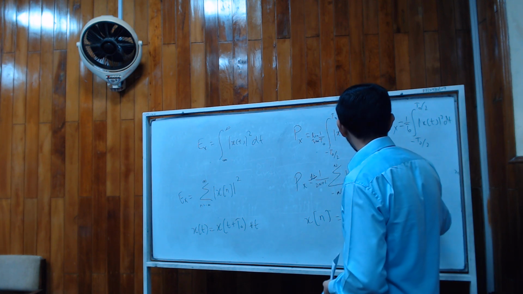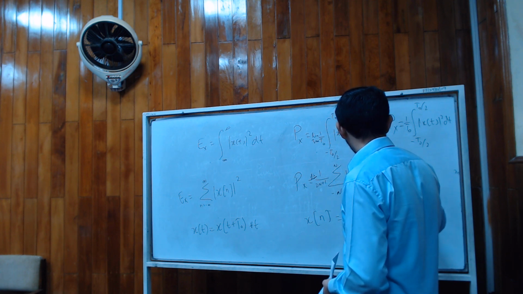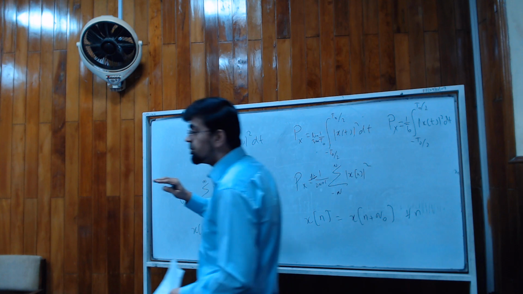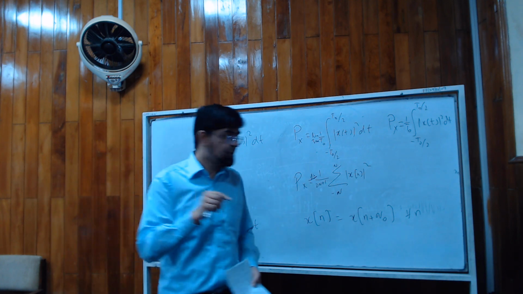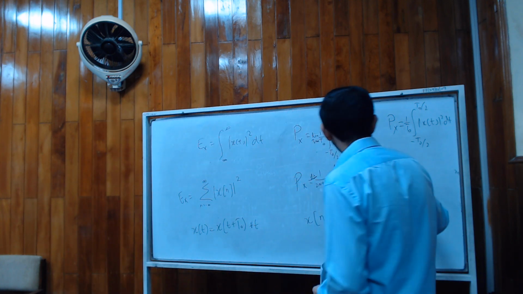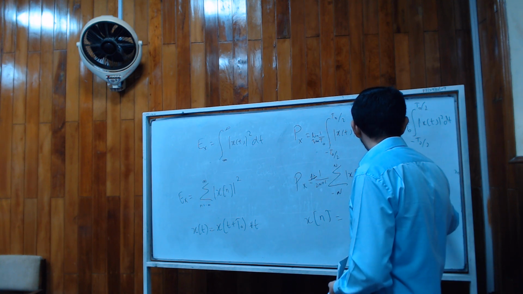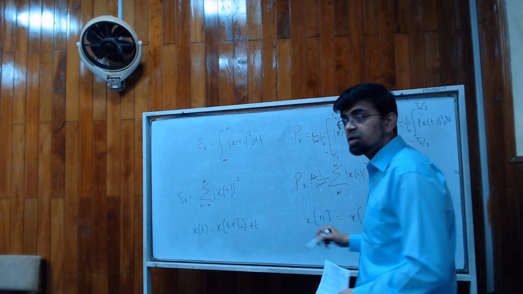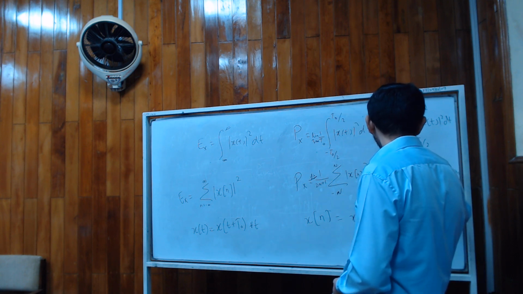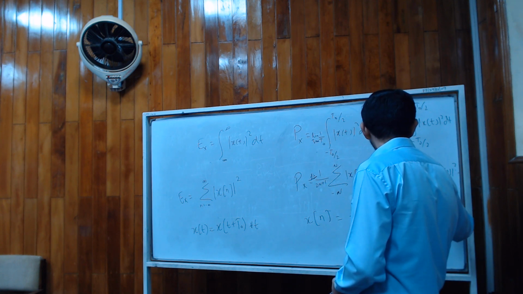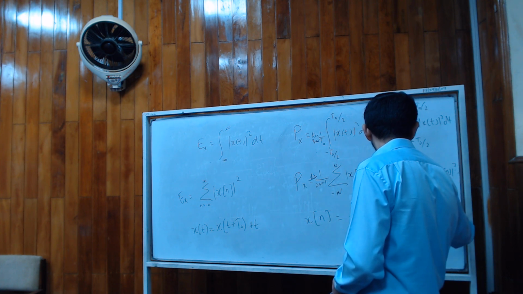Similarly for discrete time, if you know that this signal is periodic with period capital N naught, then you can simply write it as Px equals 1 over N naught, which is the length of the period, summation of |x[n]| squared. Here you have to write over one period.